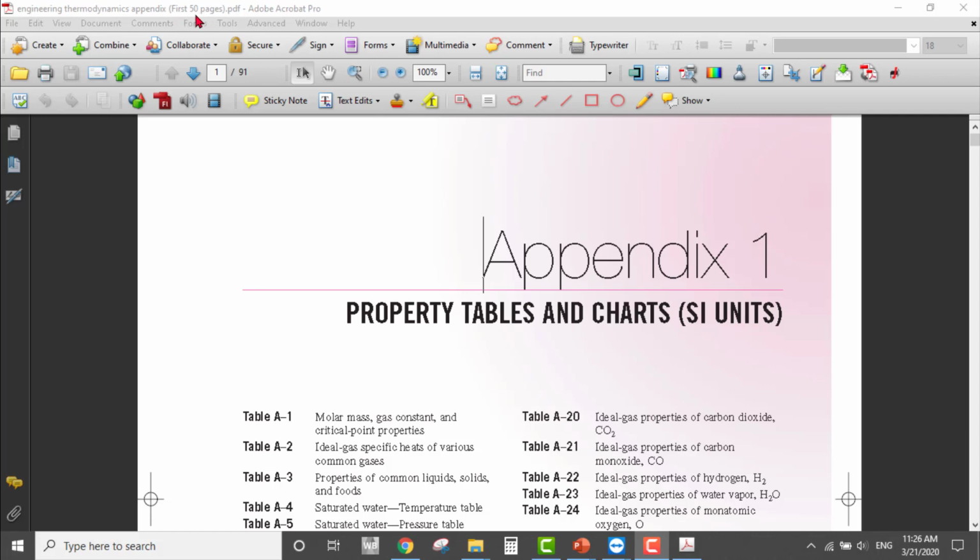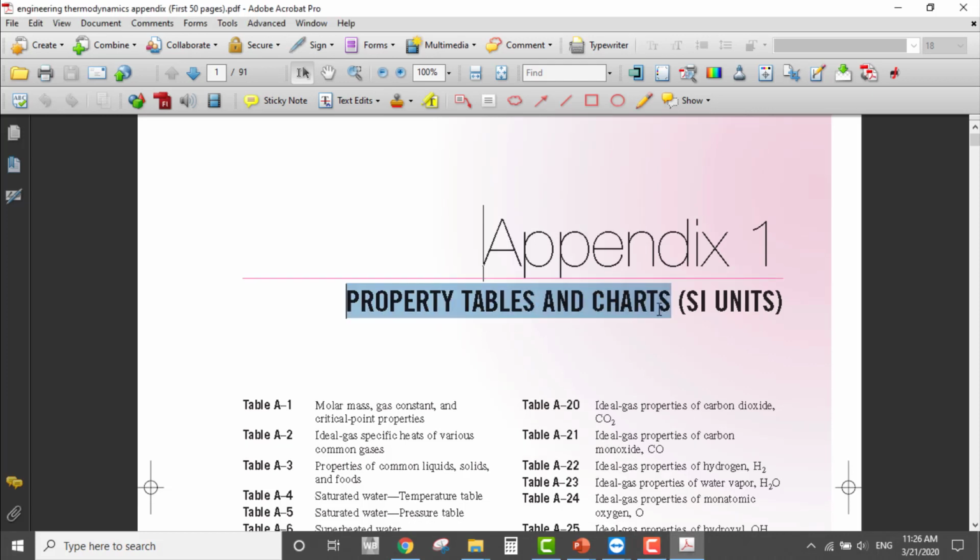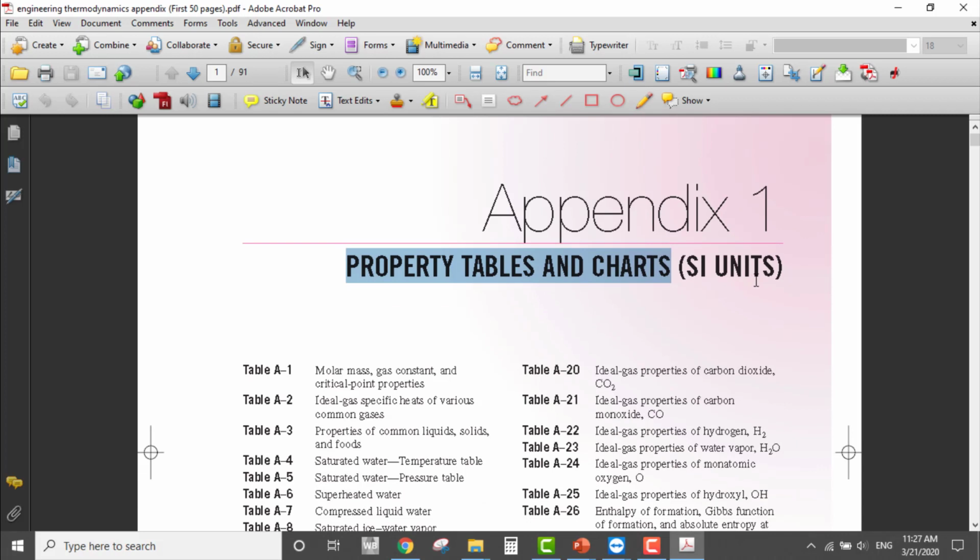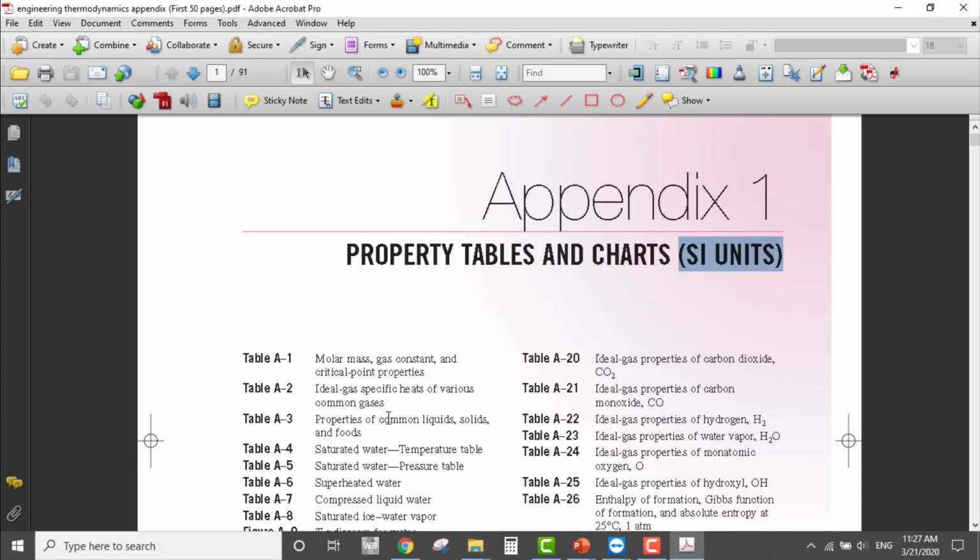Now, since we have distance learning and everything is soft copy, stick with the PDF file without printing it out. If you download it from Moodle, you will find that this is the appendix of our book, and its name is Property Tables and Charts in SI units. So, first 50 pages in SI units.